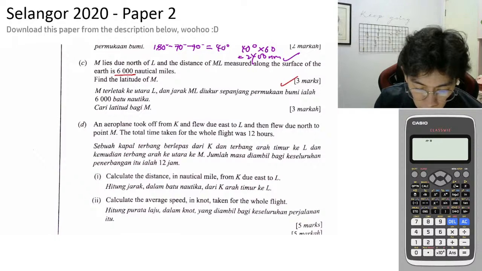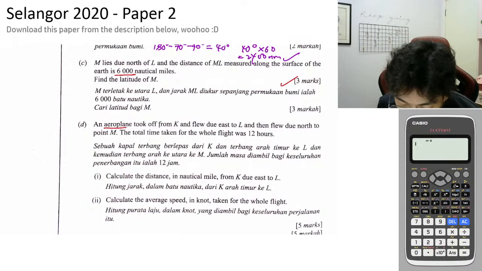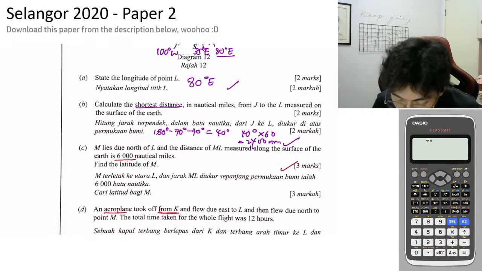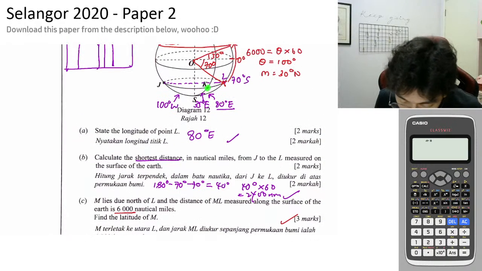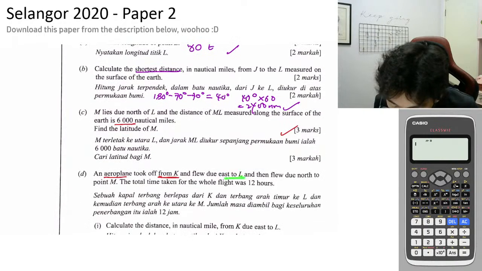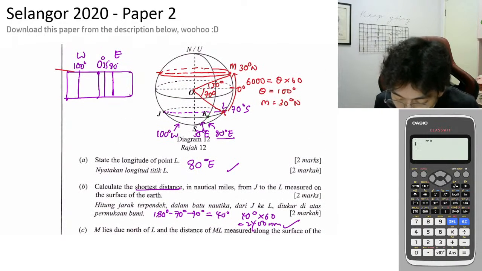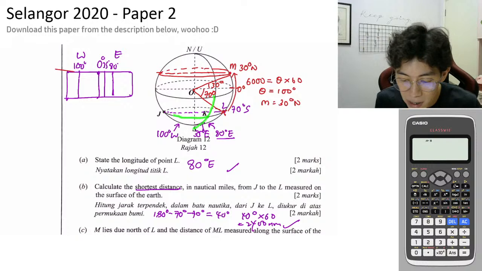Let's see what they mentioned. An aeroplane took off from K. Took off from K means here. K, flew due east to L. Everyone, K, you go up north, go down south, go here west, go here east. Do you notice K to L is just a short way there?